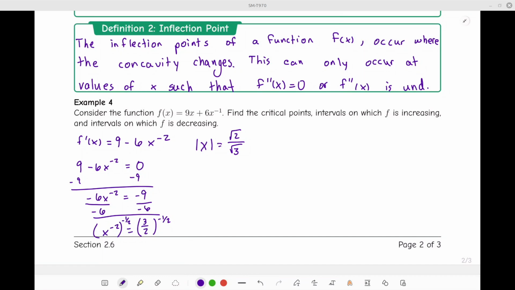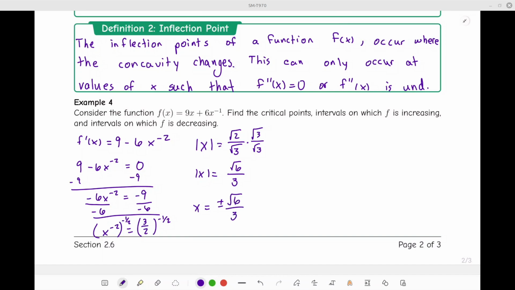So why did it become 2 over 3? Well, we have a negative exponent, so we have to flip it, and then the 1/2 power is the square root. I am going to rationalize this by multiplying by the square root of 3 over square root of 3. We get the absolute value of x is the square root of 6 over 3. Be careful, you cannot reduce the 6 over 3 because one's in the square root and one is outside of the square root. And finally, to get rid of the absolute values, we're going to get a plus or minus square root.